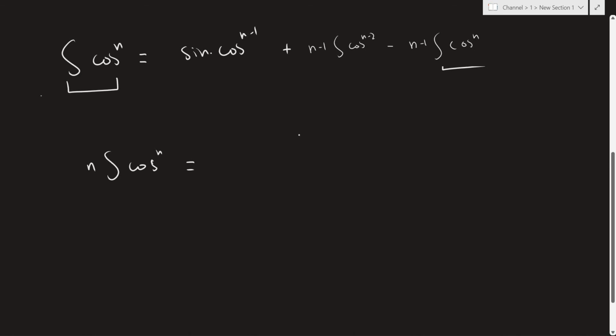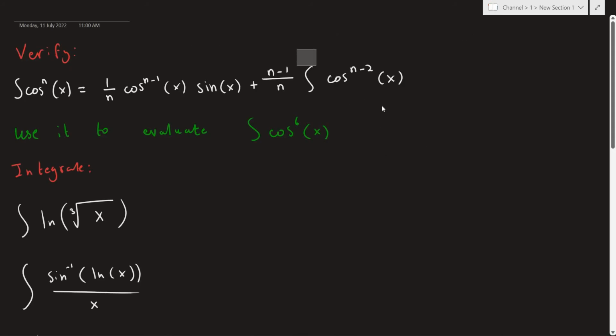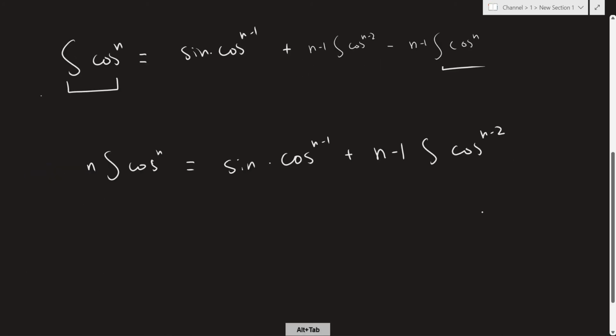Great. Now I'll rewrite here: sine times cosine^(n-1) plus n minus 1 times the integral of cosine^(n-2). There's still a problem of cosine^(n-2). However, if you look at the formula, which is here, you'll still see it. So what they did is they kept it. So we'll keep it as well.